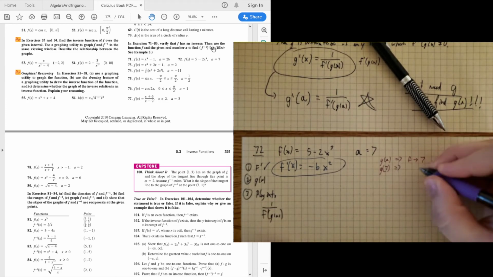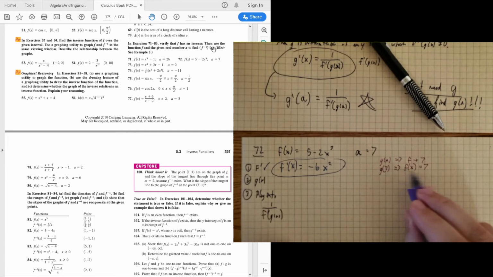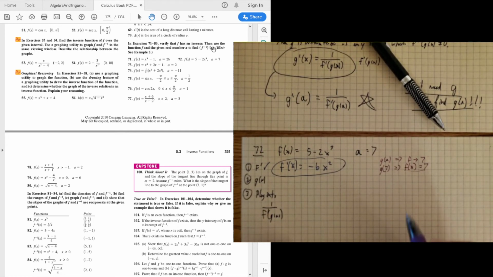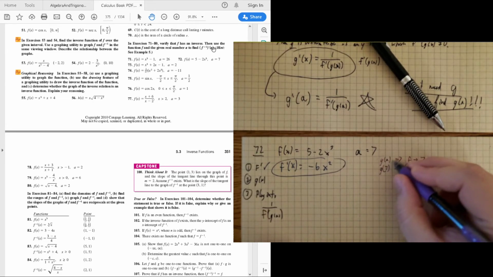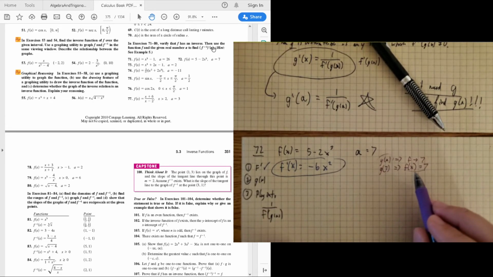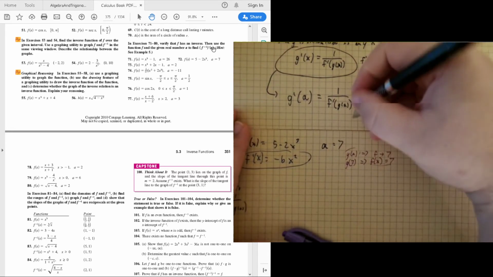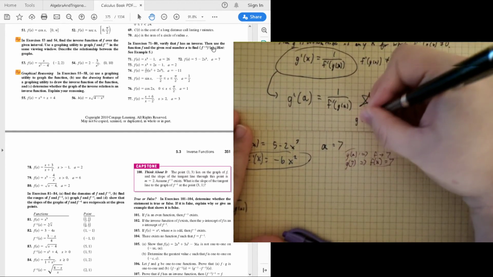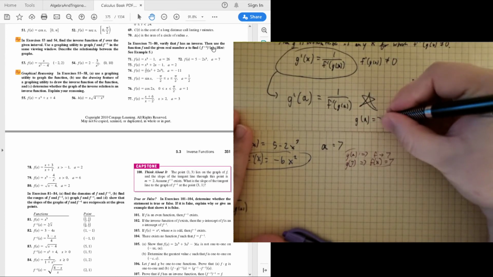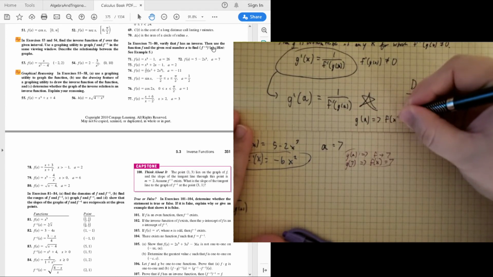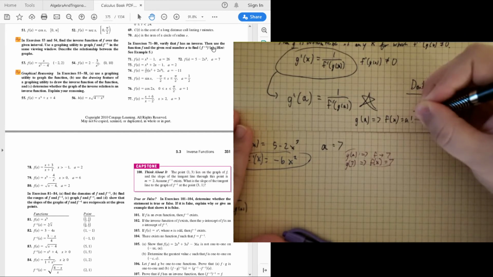So what this means is when f of x equals 7, which means I can actually use this to solve for the problem. If I want to find out what g of a is, all I have to do is find out when f of x equals a. So g of a is when f of x equals a.